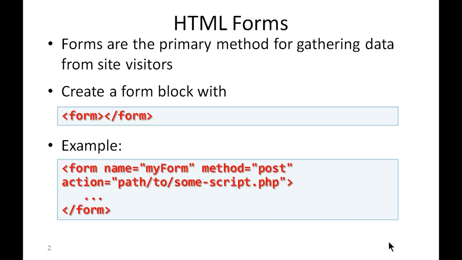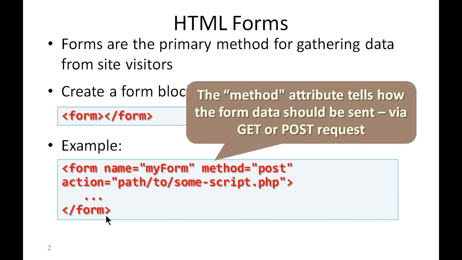These are nothing but folder names, and it is written in general English language so that you can understand that here will be the folder names. Now you can see path to some script dot php, then dot dot dot, and below it form slash form closed. So in this way a form is being created.